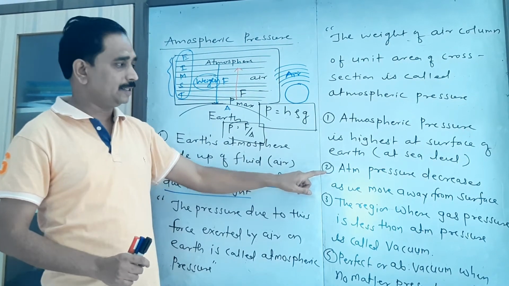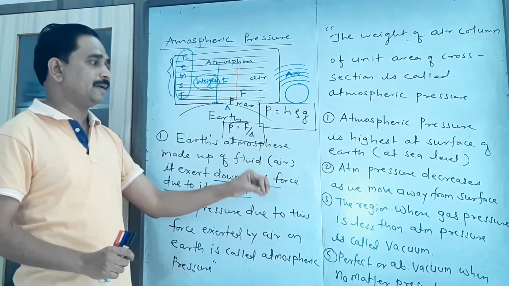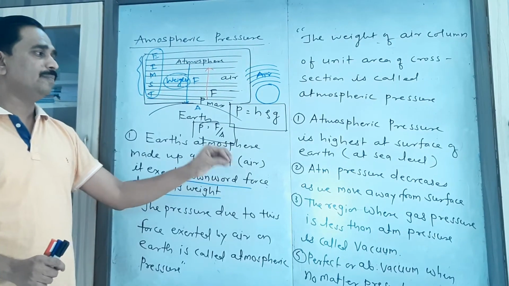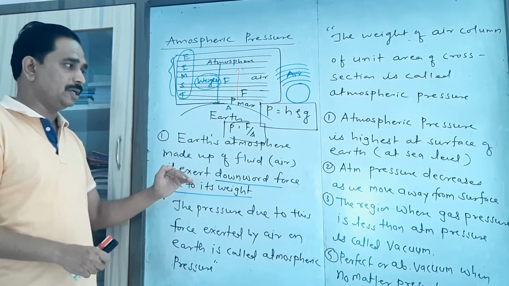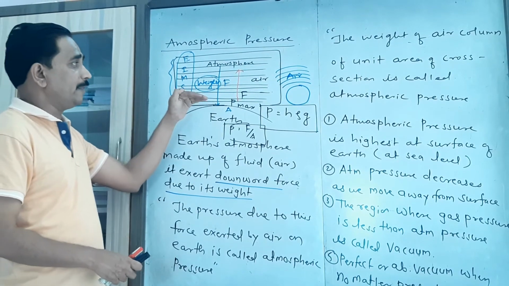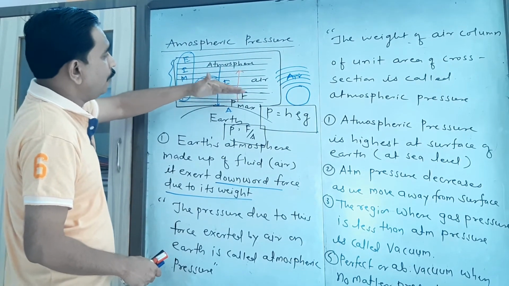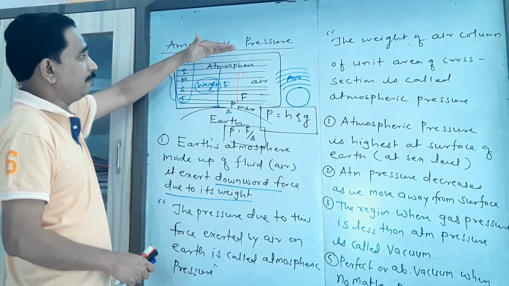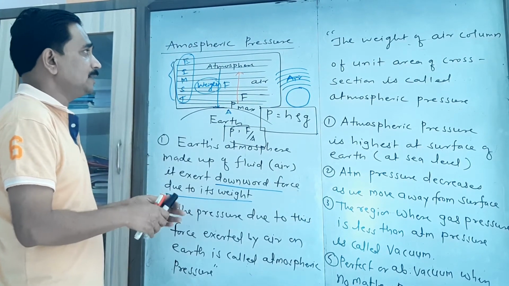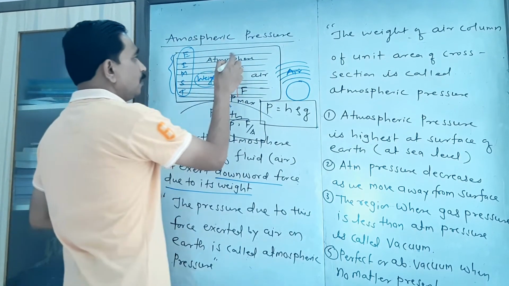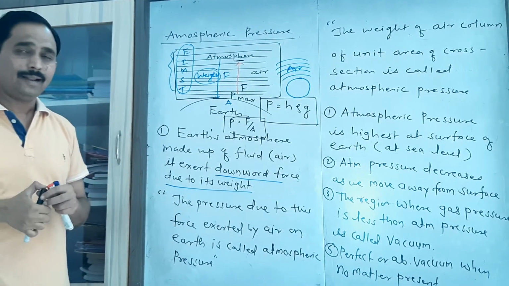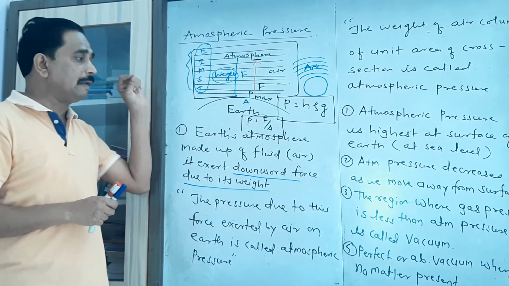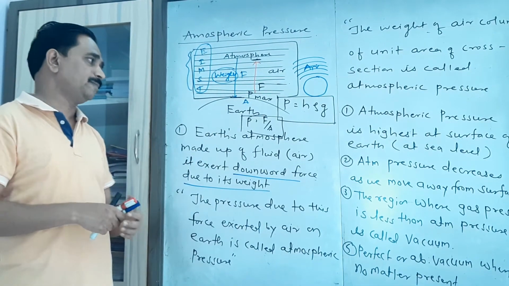So the second point: atmospheric pressure decreases as we move away from the surface. Now if I say that as we move away from the earth's surface the pressure decreases, there is a particular height, a particular point, where the pressure is less than the atmospheric pressure.